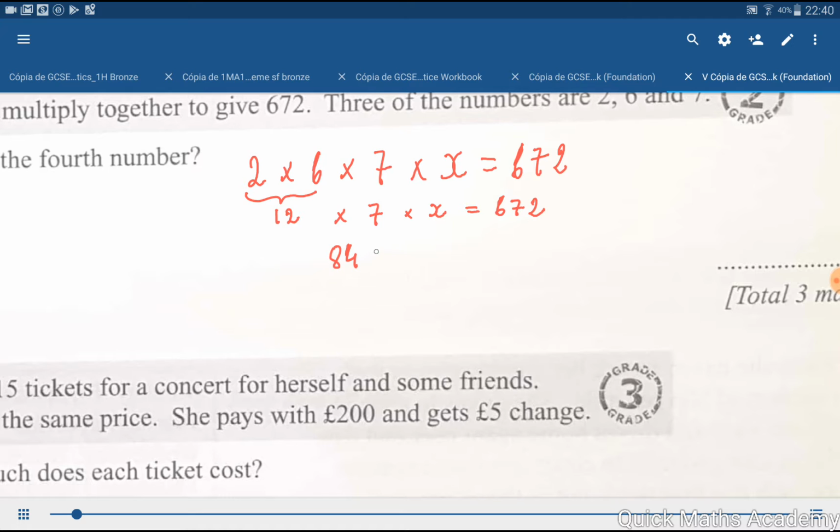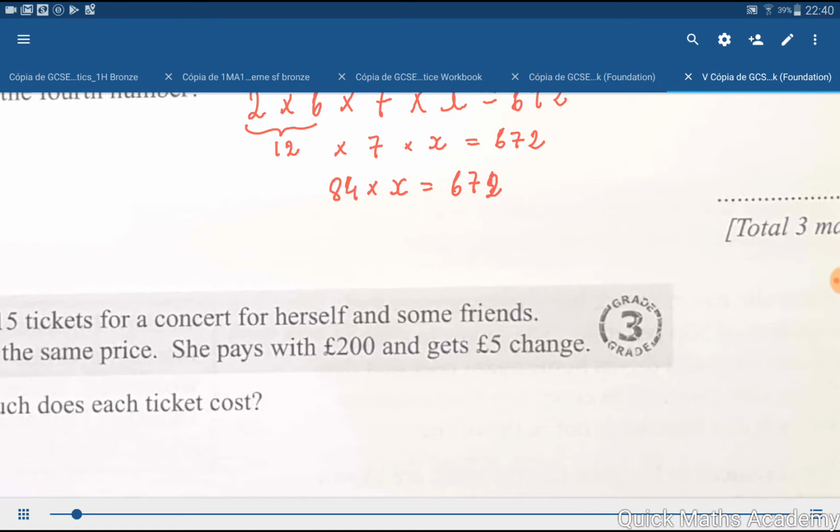So I have 84 times x will be 672. Now that means that x is 672 divided by 84.